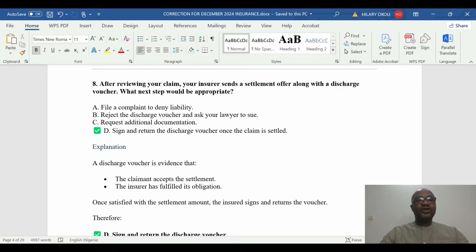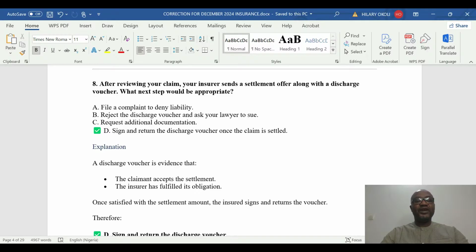So in this question, after reviewing your claim, your insurer sent a settlement offer along with a discharge voucher. And the question is, what next step should be appropriate? The next step that is appropriate is signing and returning the discharge voucher once the claim is settled.